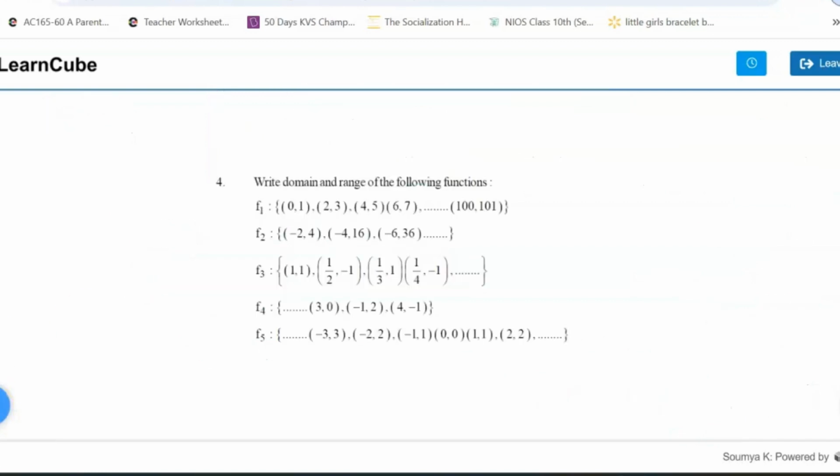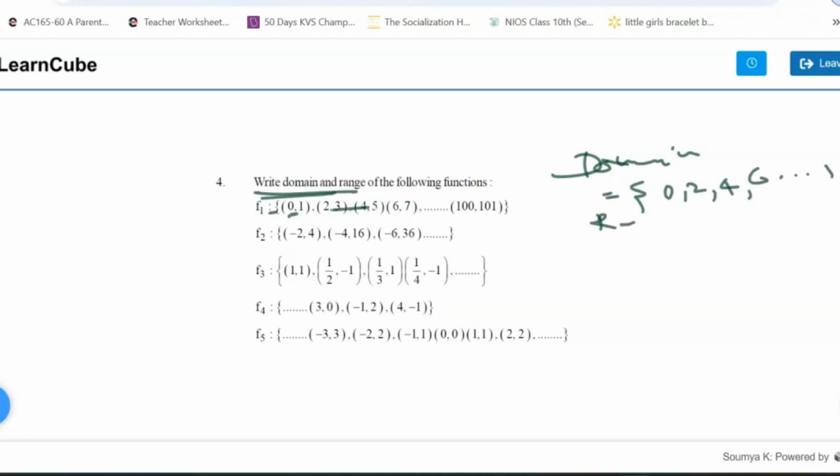Next question is, in these questions you have to find what is a domain and a range. Take the first option, F1. Here you can see the first part, 0, 2, 4, 6, these are domain. So if you want to write the domain, it will be 0, 2, 4, 6 like that till 100.